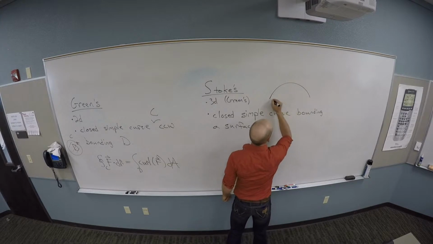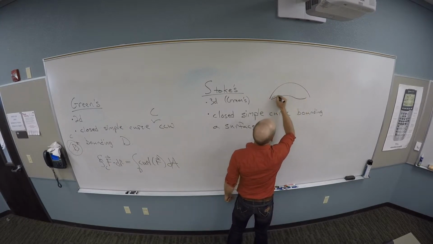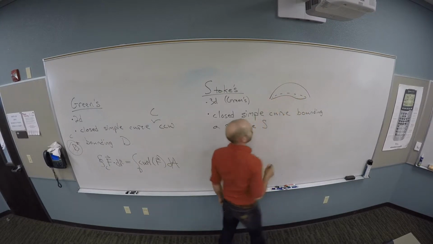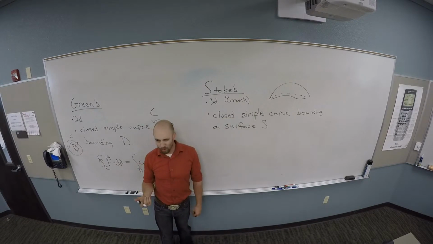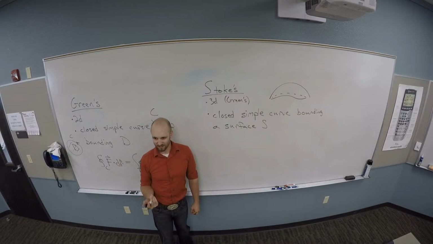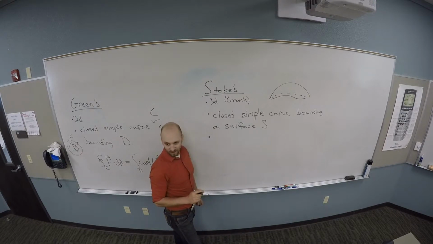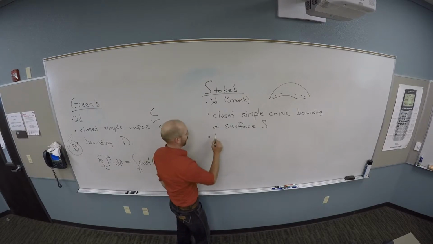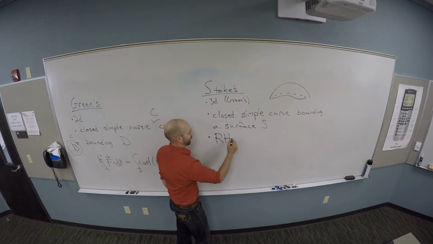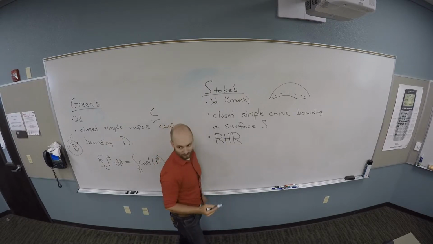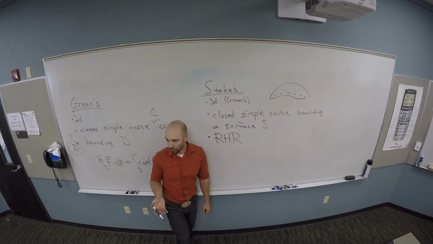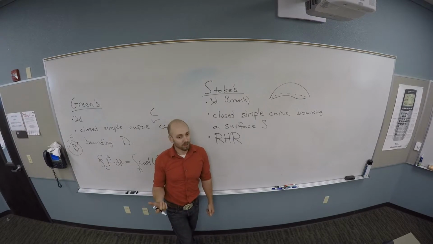So that looks like this. Here's your surface. There's your bounding curve. Something about orientations. What's the orientation thing? Right hand. Remember there's really only one tool for orientation in Calc 3, it's the right-hand rule.